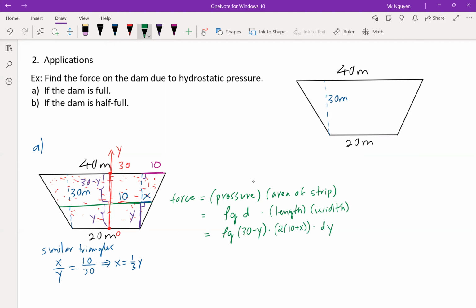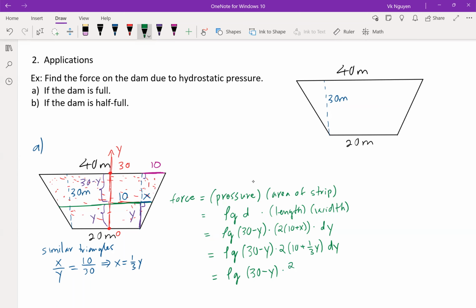We know what x equals, so do the substitution. Rho g times 30 minus y, multiplied by 2 times 10 plus 1 over 3 y dy. Rho g 30 minus y, we can factor out 1 over 3.